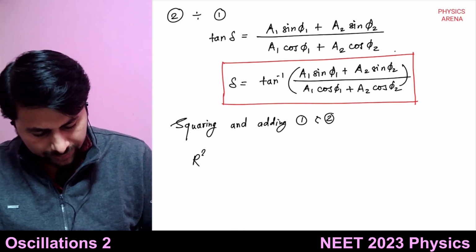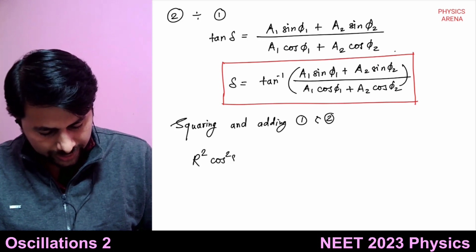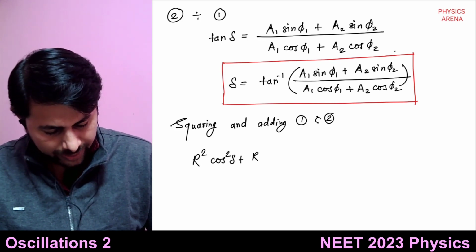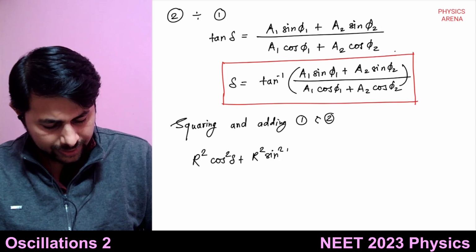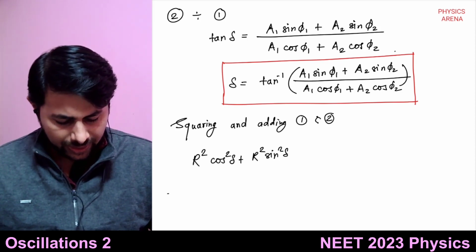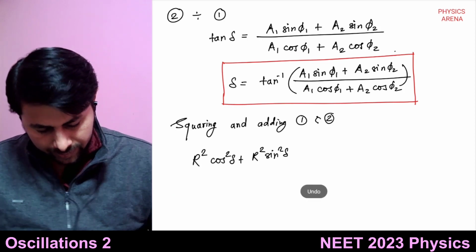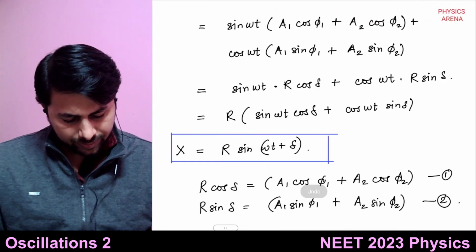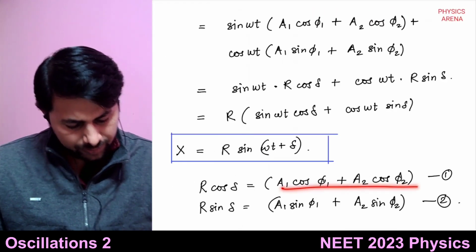So it is R square cos square delta plus R square sin square delta. This is on left hand side, or you can say it is just R square. And on right hand side, let's square this.